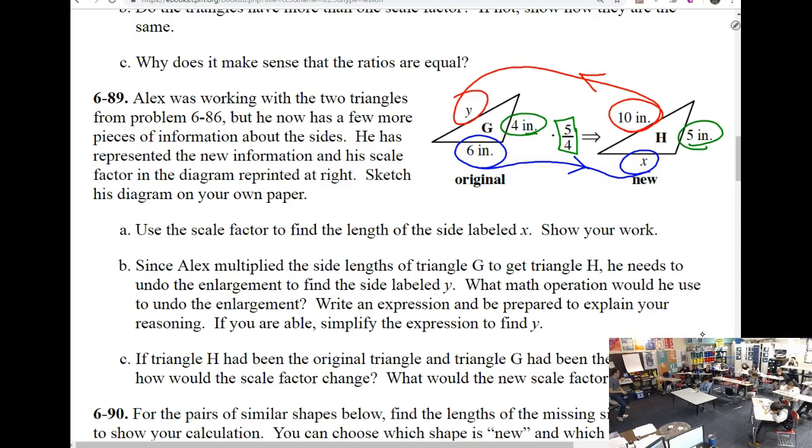The corresponding sides where they had two of them. So sometimes when you look at these problems, you got to decide, what do I have that is actually useful to work with? But then when we go to determine x or y, Braden, you choose. Do you want to do x or do you want to do y? For me, I did y first. Do y first. So how'd you do y? I divided 10 by 5/4, and I got 8.